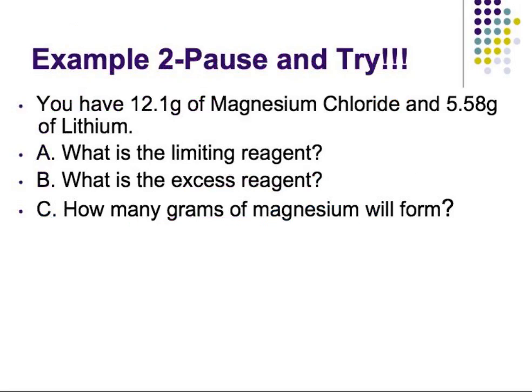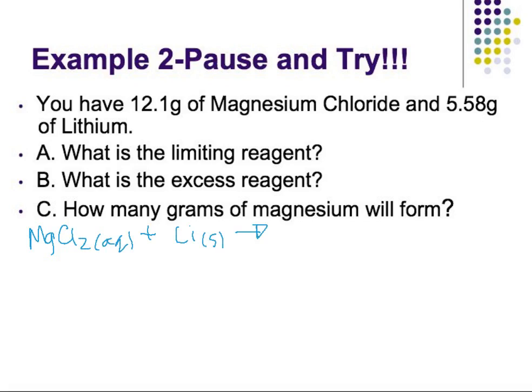All right, let's do it again. Second example. Pause right now and try this out, and you're back. So magnesium chloride and lithium are going to react. Magnesium chloride is MgCl2 after we swap and drop. It'll be aqueous because you already figured out this is a single replacement reaction.